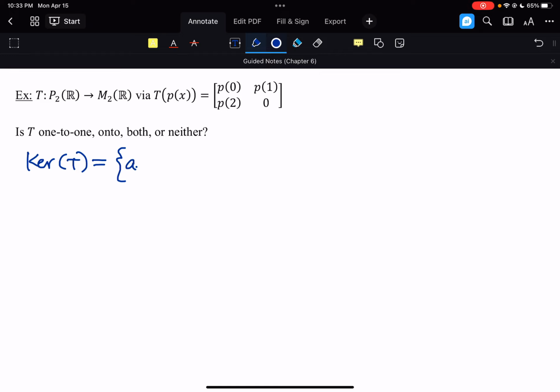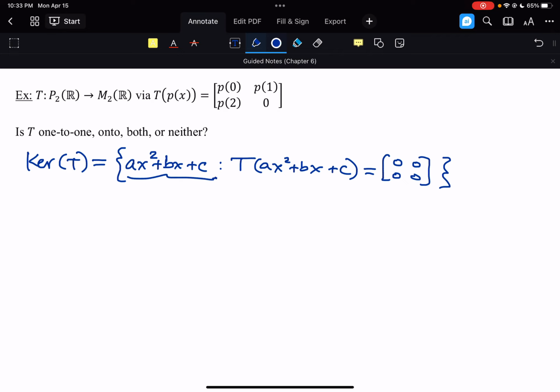So that's going to be something like ax squared plus bx plus c, such that if we transform that polynomial, we should get the 2x2 zero matrix.